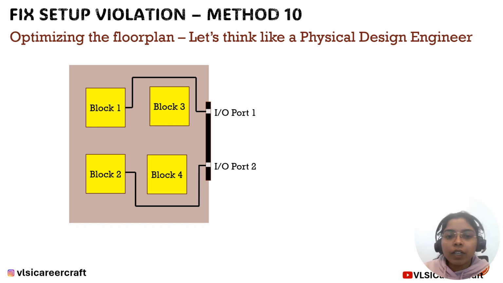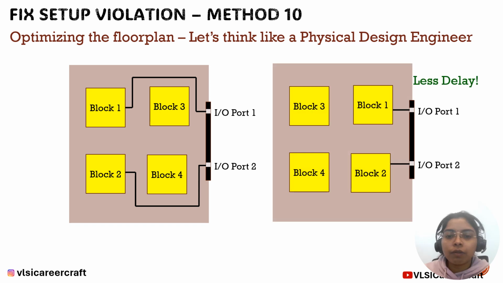So this is offering a large resistance and capacitance, which is contributing to the delay. Now what do I do? I make changes to the floor plan and bring block 1 and block 2 closer to the IO ports, and push block 3 and 4 back. So it will make the net shorter, which offers a lesser delay, and it helps in fixing the setup violation.